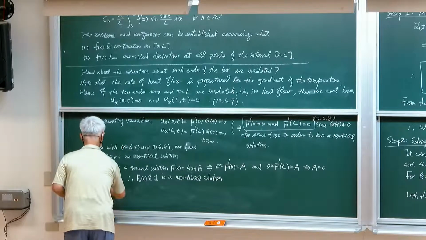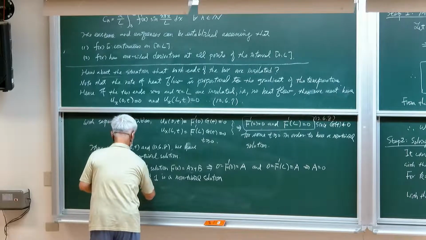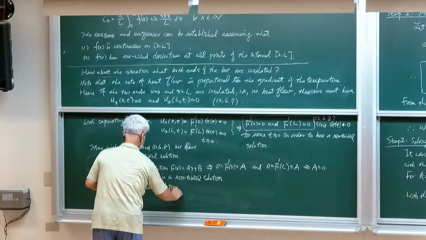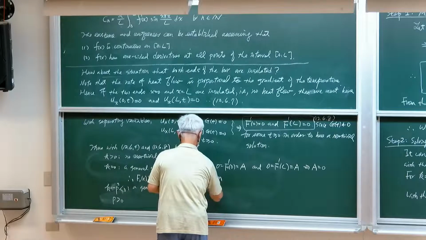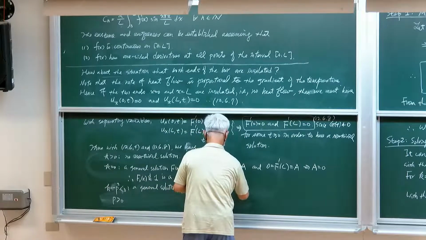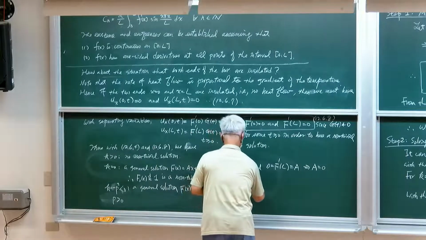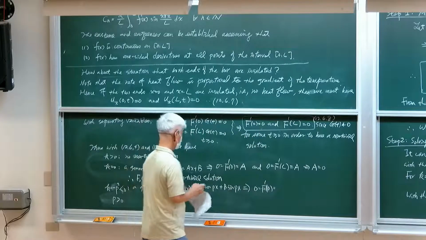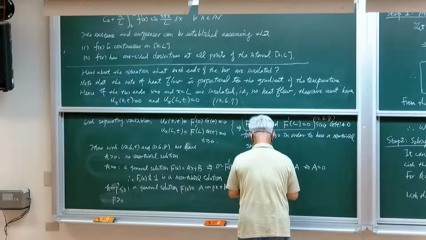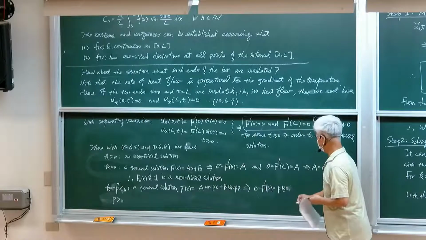And when K is minus p squared, which is less than 0, with p positive, then the general solution f of x is A cosine px plus B sine px. Then 0 equal to f prime of 0 gives us pB equals 0, and so B is 0.